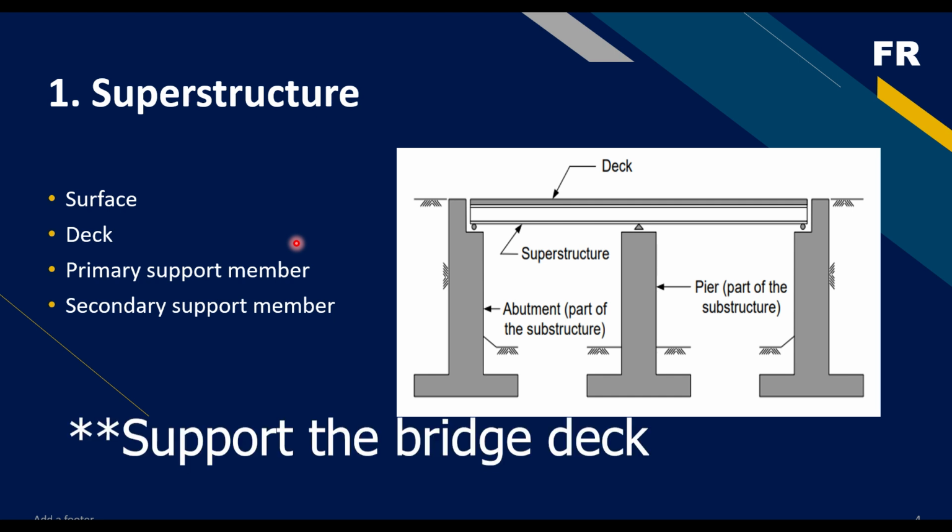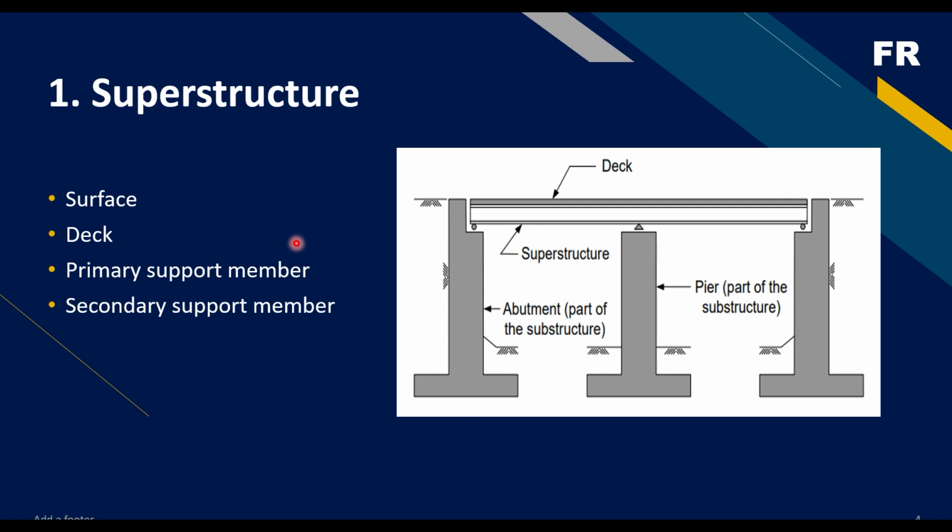In the previous slide, I talked about different types of bridges. We have the beam bridge, cantilever, trusses. So what we mean by primary support member here is the actual member that supports the bridge. In a truss bridge, the truss itself is the primary member. In an arch bridge, the arch itself is the primary member that supports the bridge.